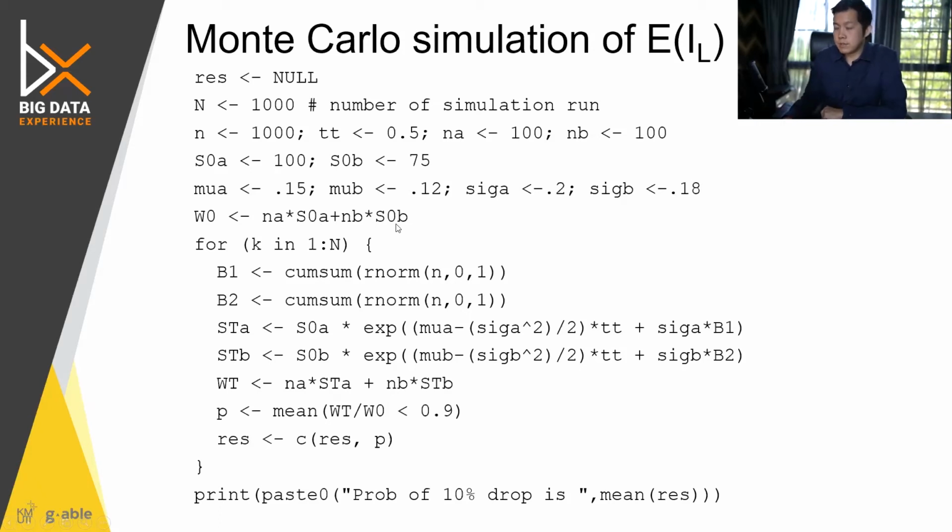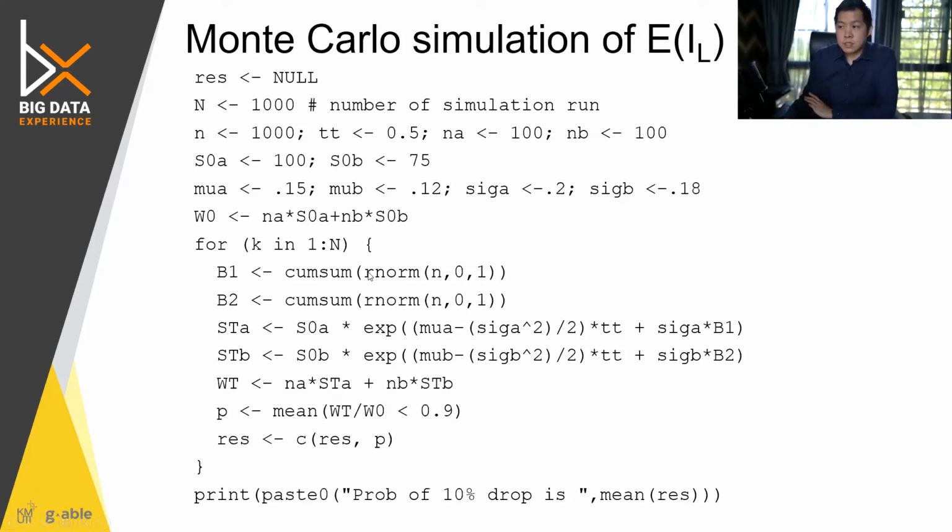We get the initial worth. And here is the repetition of the time that we have here for Monte Carlo, for n, capital N times. What I did is to calculate B1, right? But instead of creating another loop, I just use rnorm.